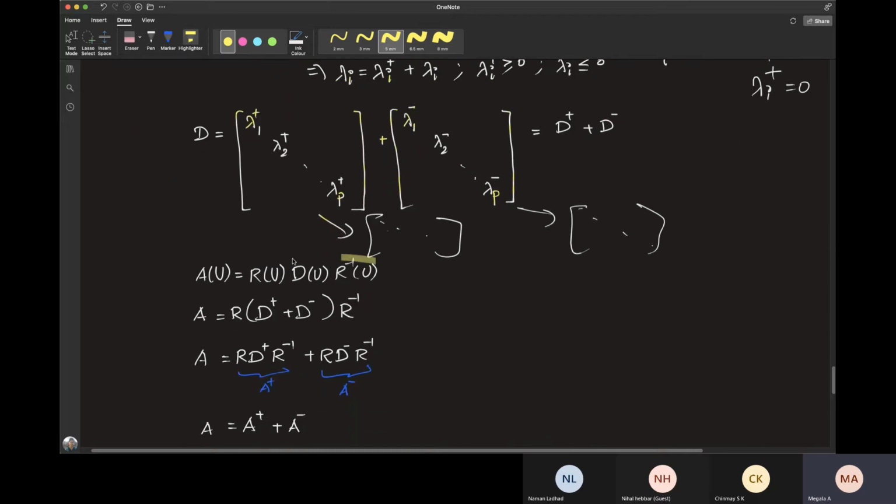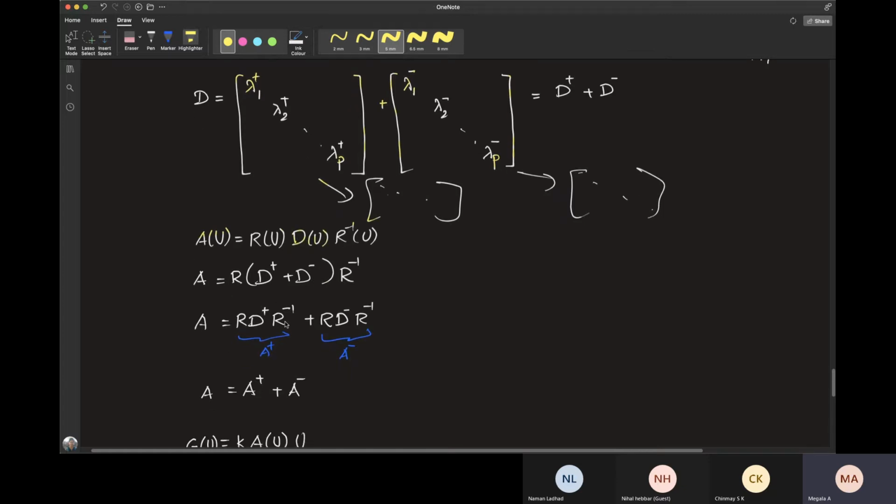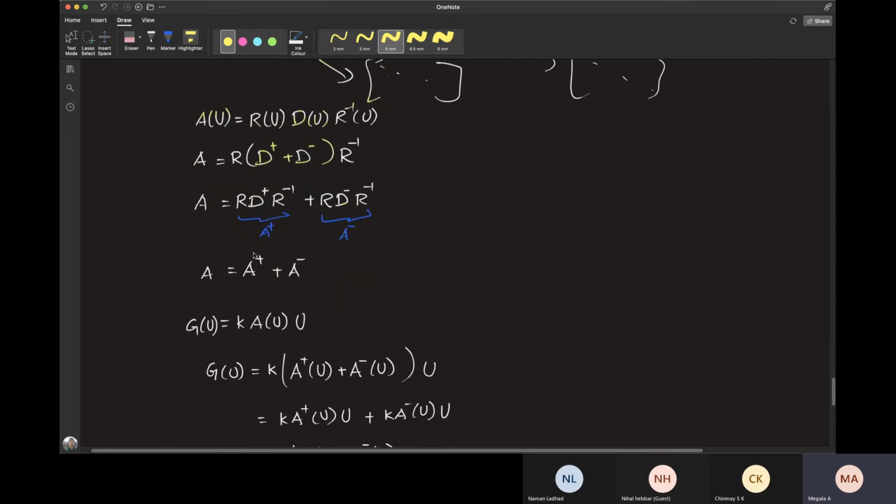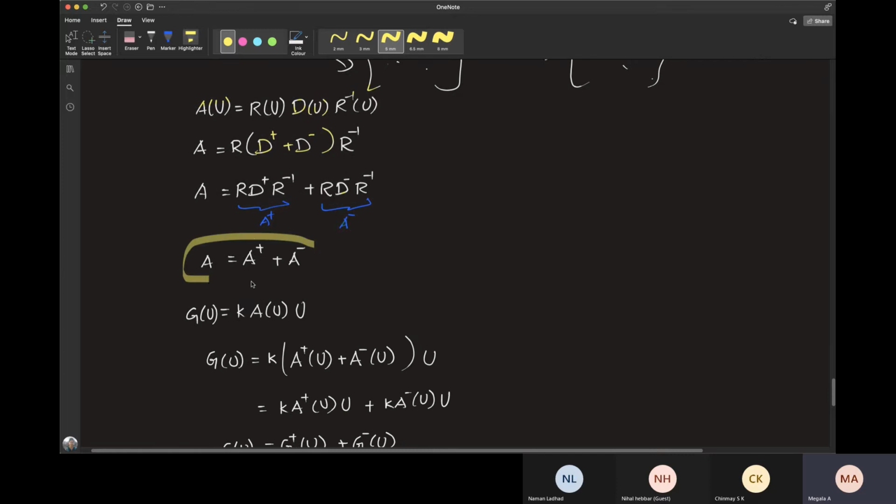So we can substitute D as D plus and D minus, and obtain the splitting of A. Now A can be split up into A plus and A minus. So we have obtained this splitting. Now the flux Jacobian itself is split into positive and negative quantities. So this is basically our dou G by dou U, which has been split up into dou G by dou U plus and dou G by dou U minus.